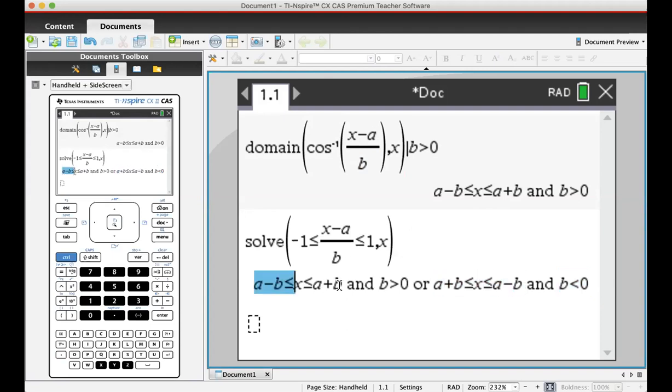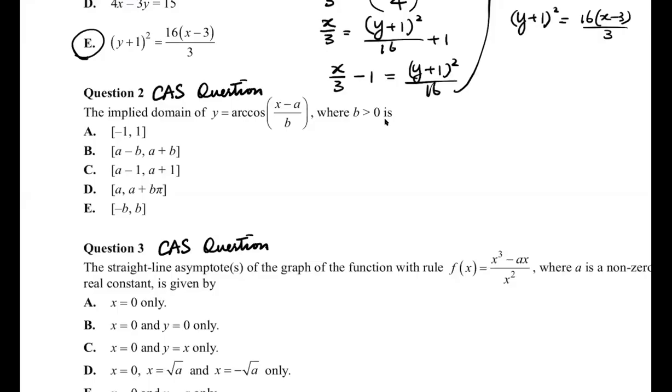In this case, we just choose this one as our final implied domain. So let's switch back to the iPad and write down something important. Therefore, B is your final answer, okay?